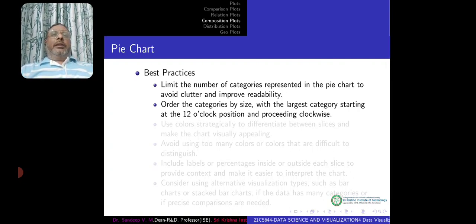Then order the categories by size, with the largest category starting at the 12 o'clock position and then proceeding clockwise. So always begin at the 12 o'clock position, and the first slice would be the one which has the maximum contribution, then the next maximum.